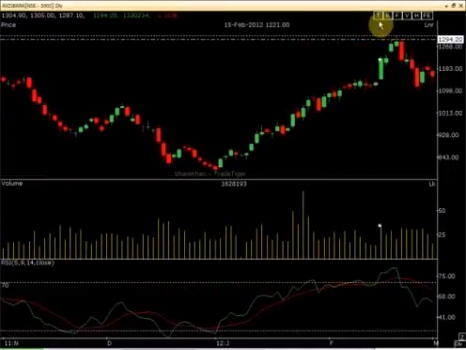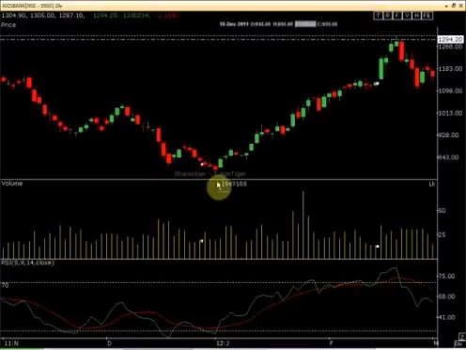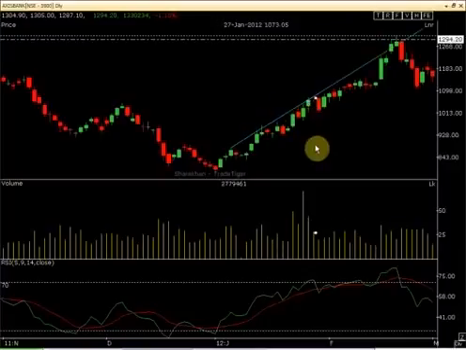Okay, so how can we draw a trend line? Select trend line. So now here you can see whether our point is at the highest point of the candlestick or at the lowest point of the candlestick. So now click here at the top of the candlestick. Now draw a trend line from here.